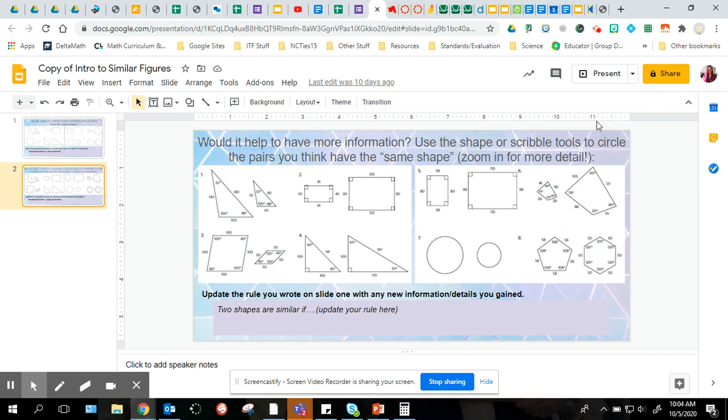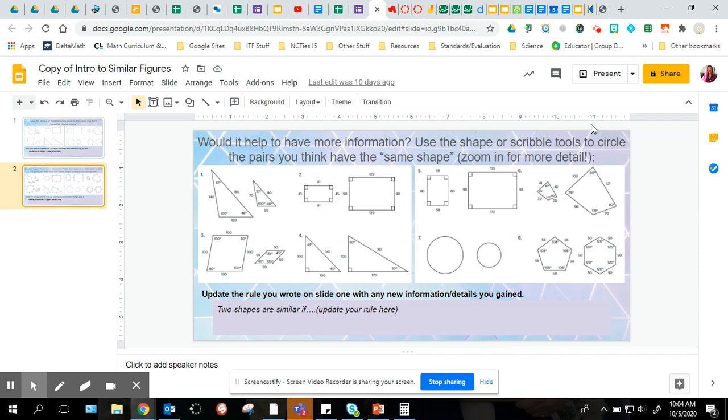So we can update the rule to say that similar shapes look the same but are different sizes, have the same angle measurements, and have side lengths that are proportional to one another.